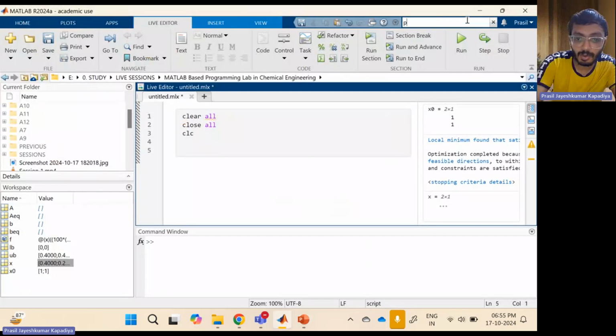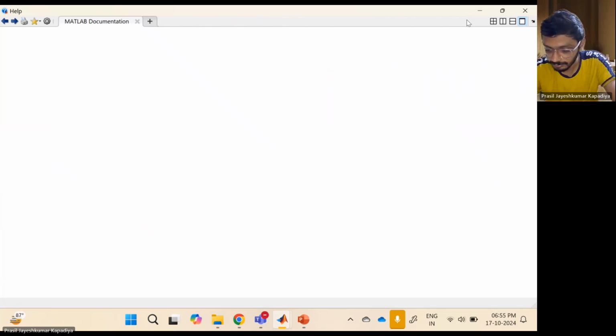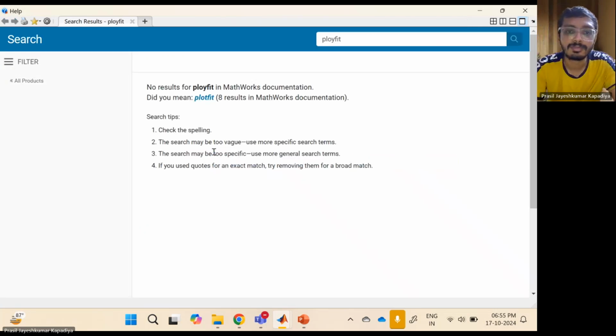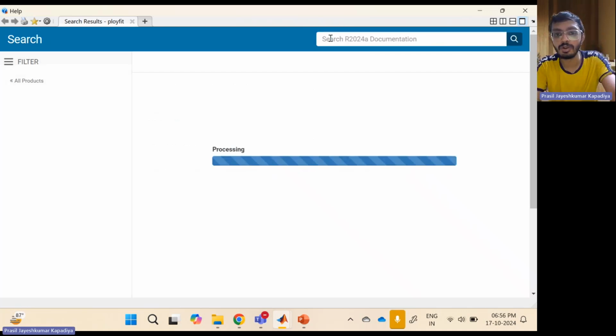Okay, so we are supposed to use polyfit. Let's search about that. Why is it not showing? Okay, it is polyfit, I had written something wrong.